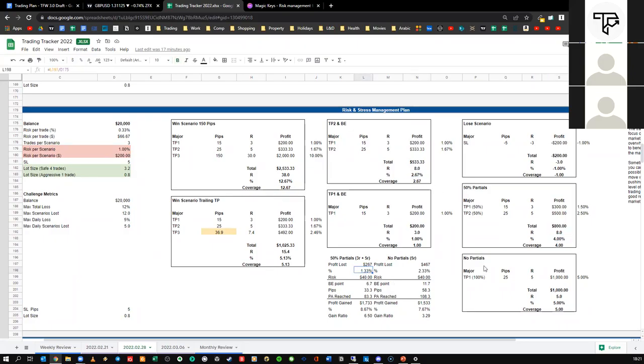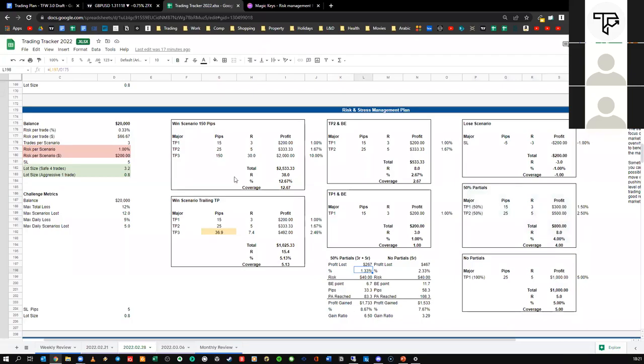You may say, actually, I'm happy with that. And that's your personal choice. I'm not saying this is the only way you should do it, but that's your personal choice. But what are you gaining from that? You're leaving 1.33% on the table.